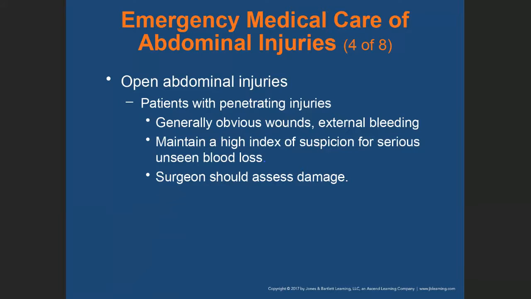That's closed. Open abdominal injuries: patients with penetrating injuries generally have obvious wounds and external bleeding. You're going to maintain a high index of suspicion for serious unseen blood loss. A surgeon should assess the damage.